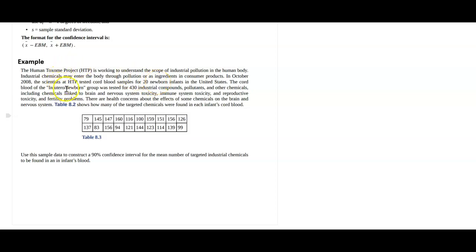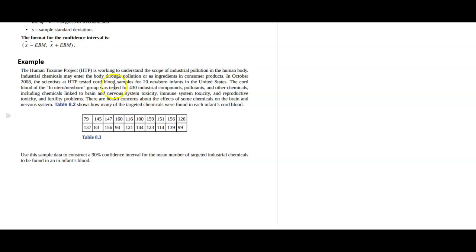Cord blood is collected through the umbilical cord directly after birth. Nobody is hurt in the process of any of that. In fact, a lot of times people will store cord blood because they think it has really unique powers and things of that nature.